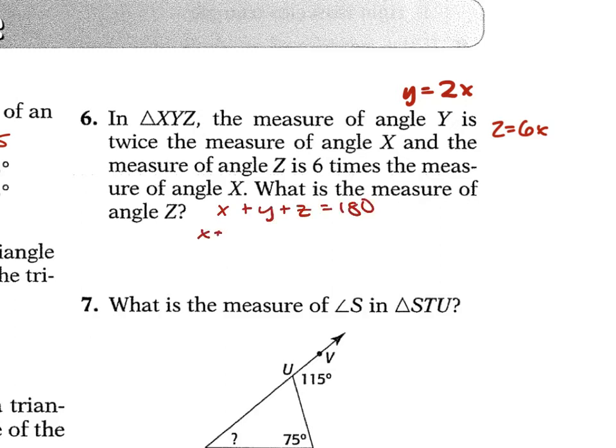Well, X is X, Y is 2X, Z is 6X. If we add all of those, they equal 180 degrees. So X plus 2X, which is 3X, 3X plus 6X gives us 9X is equal to 180. So we divide by 9, X is 20 degrees. So we're finding Z, 20 times 6 gives us 120 degrees.